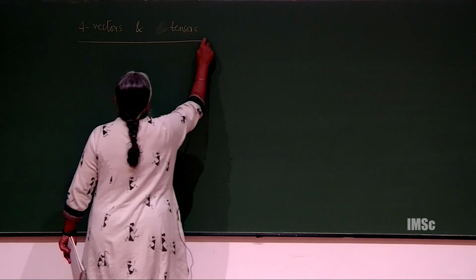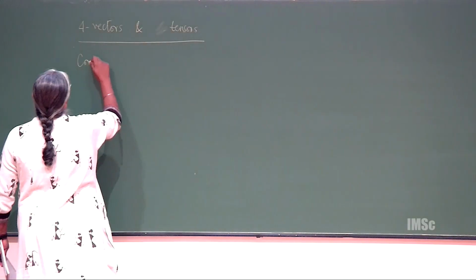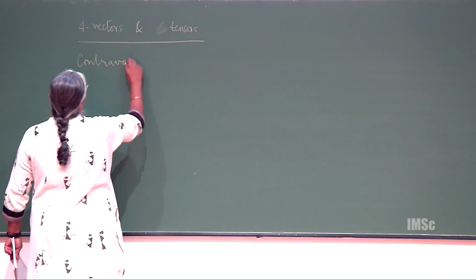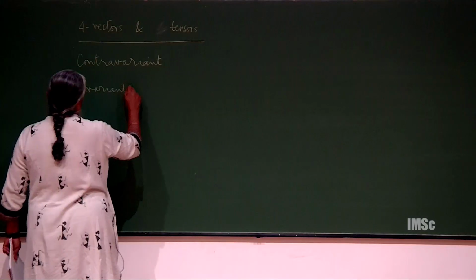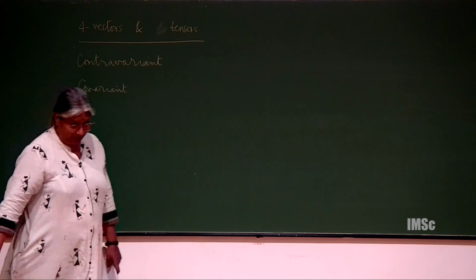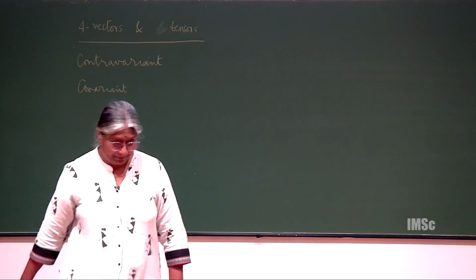We had defined contravariant and covariant vectors depending on their transformation properties, right?